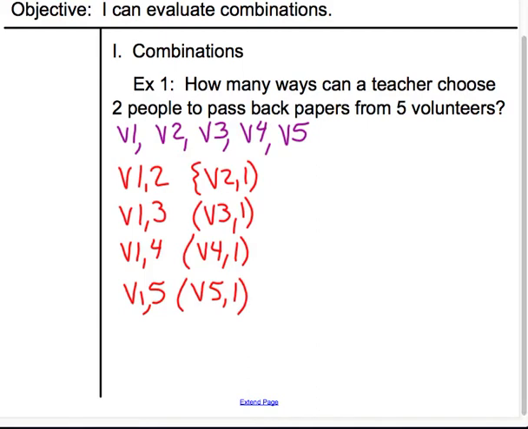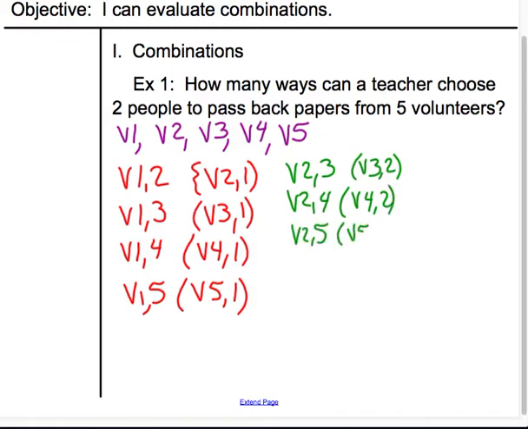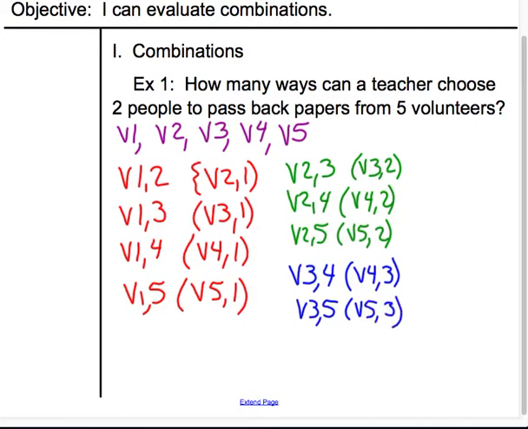and then we could have volunteer 2 and 3, volunteer 2 and 4, volunteer 2 and 5, and then we've got volunteer 3 and 4, volunteer 3 and 5, and then volunteer 4 and 5, which would be the same as volunteer 5 and 4.